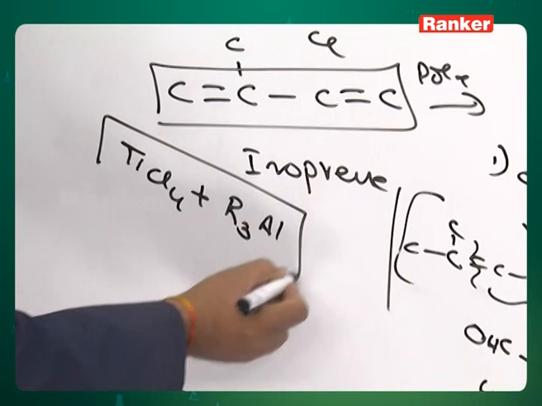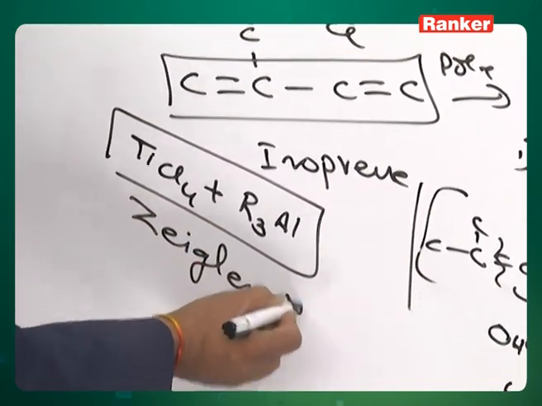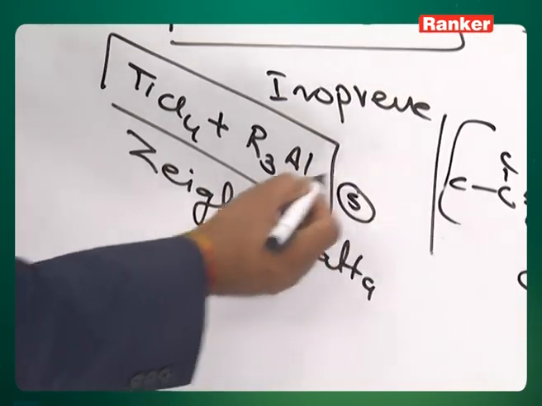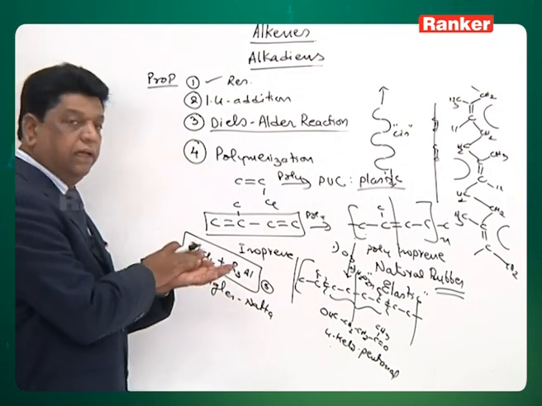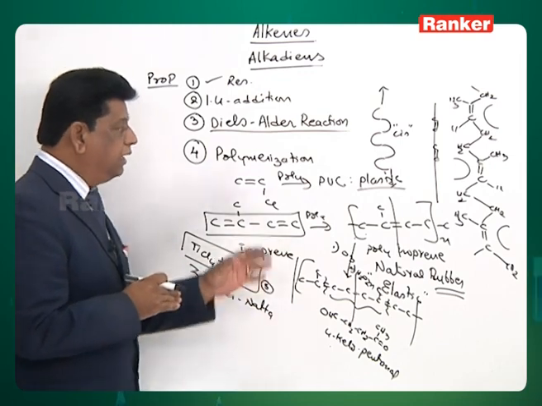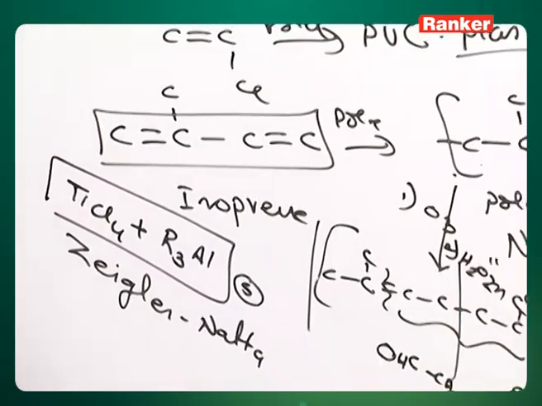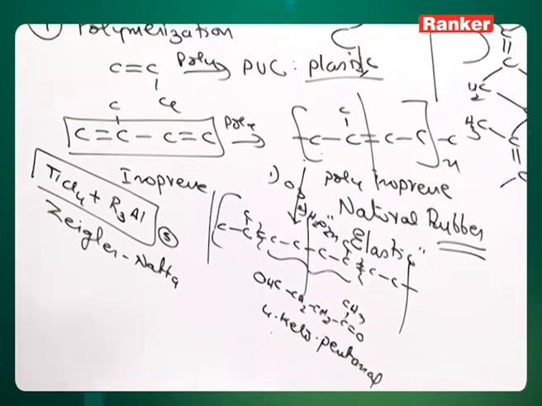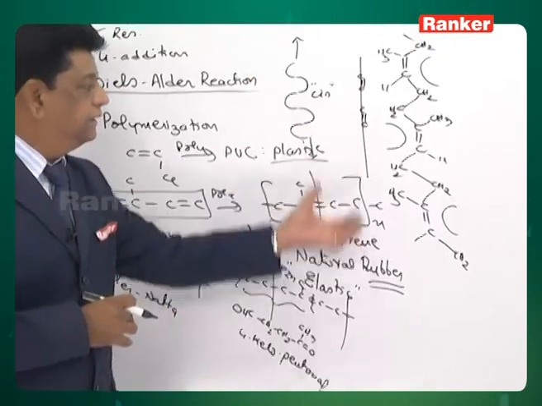This particular catalyst was introduced by the scientists called Ziegler and Natta. They used solid heterogeneous catalysis, and thereby the alkene orientation was stereochemically controlled, and they were able to get the all-cis isomer intact, and that was the secret for achieving natural rubber preparation outside the cell with the same elastic property.